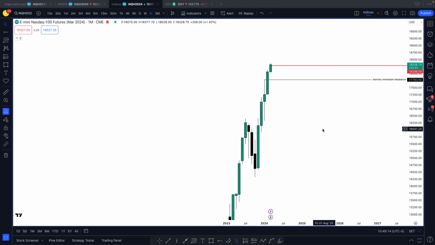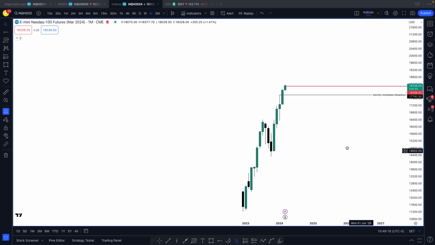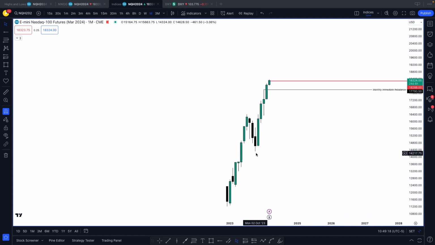So starting with the monthly chart, you're just looking for a couple things really. You're looking for, are down close candles supporting price? Are we creating BISIs as we trade higher? And are we closing through prior candle highs?